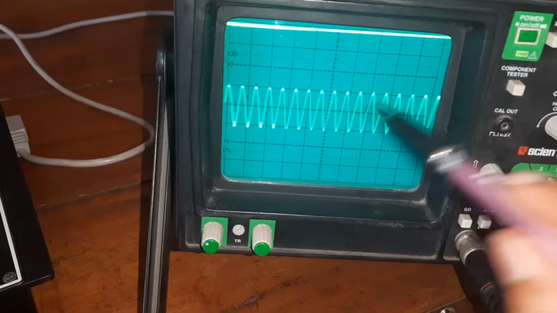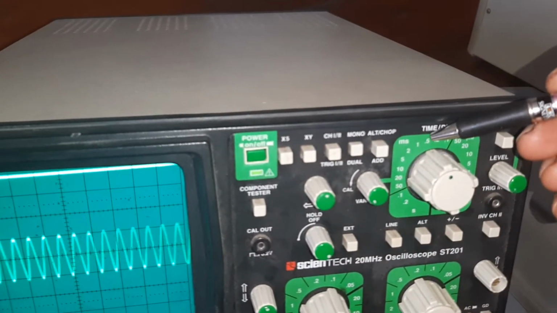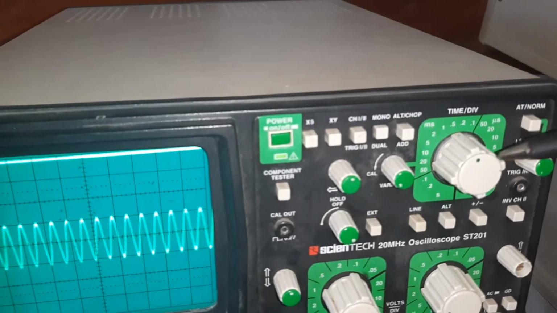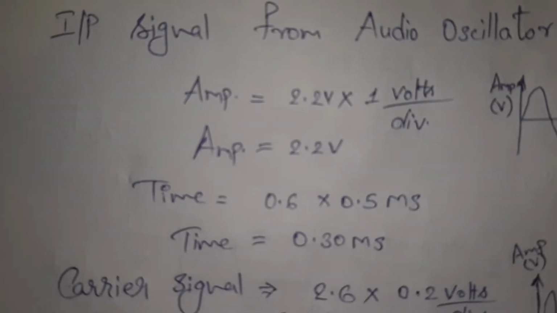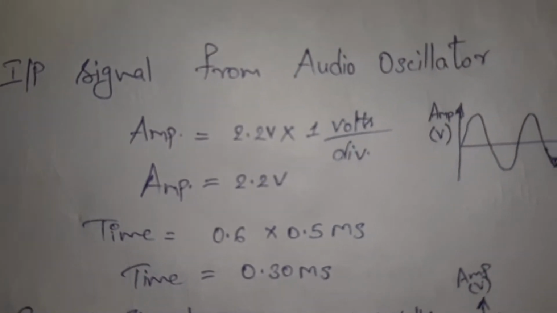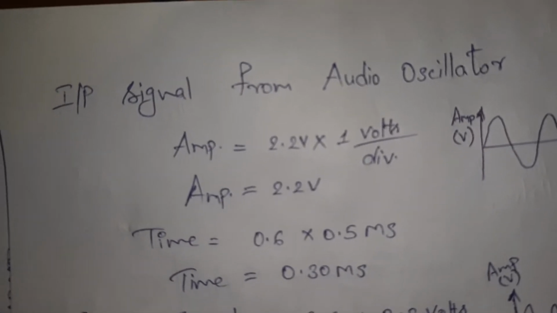So 0.6 into 0.5, we have kept 0.5 here. You can observe this is our time per division, 0.5. So 0.6 into 5, that is millisecond. The unit shown is millisecond. So this is the time, and we can observe time equal to 0.30 millisecond.